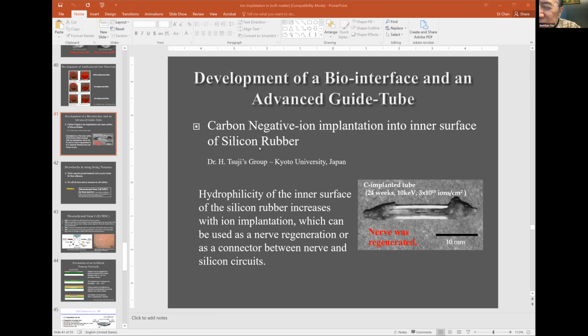And then inside this tube, they try to watch the spine grow together. Of course, the control experiment is without carbon implant, and then his sample is this silicon rubber also implanted with carbon.